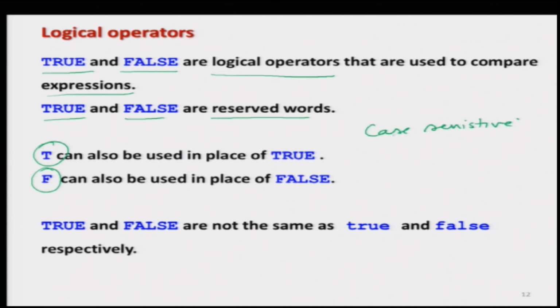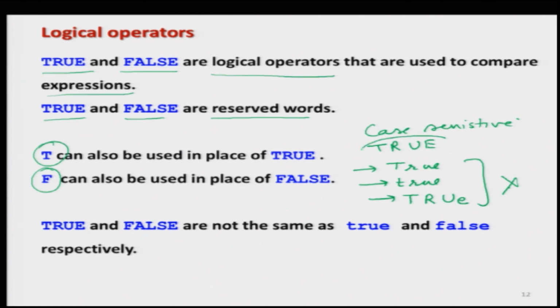Case sensitive means you have to use only capital letters, TRUE. If you write it in lowercase or in mixed case, none of it will work. Only capital letter TRUE and capital letter FALSE will work. That is what you have to keep in mind.